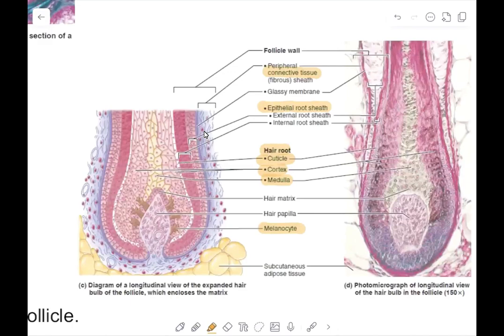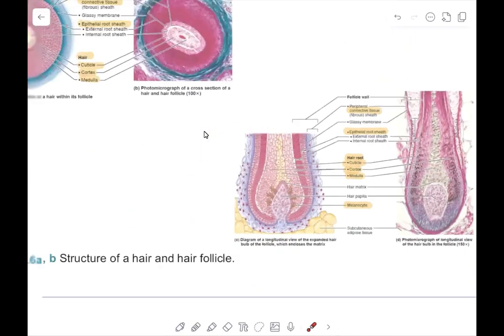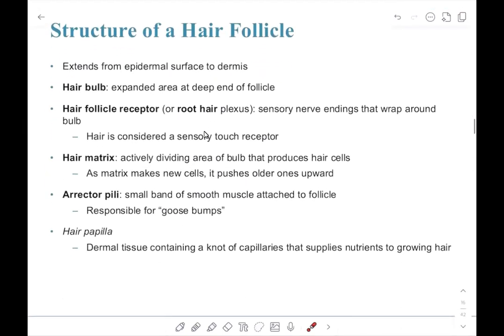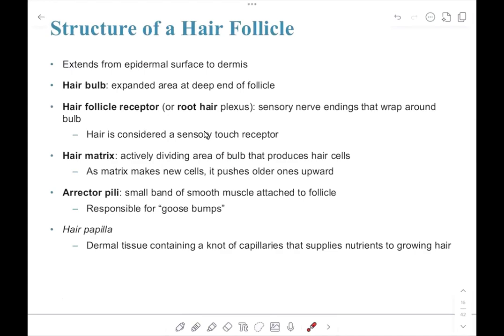So essentially, we have multiple types of tissue here. We have epithelial tissue, we have connective tissue, we're going to have nerves that wrap around it, and there's also a muscle, which we'll talk about next, called the erector pili muscle. So again, remember the definition of an organ is that it has several types of tissues in it.